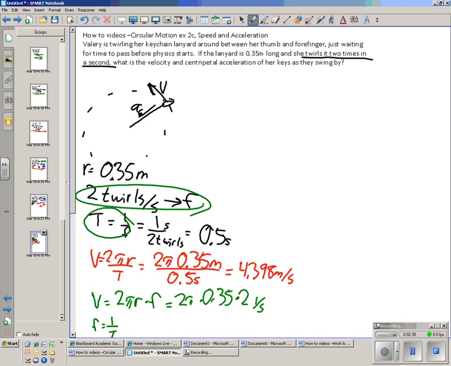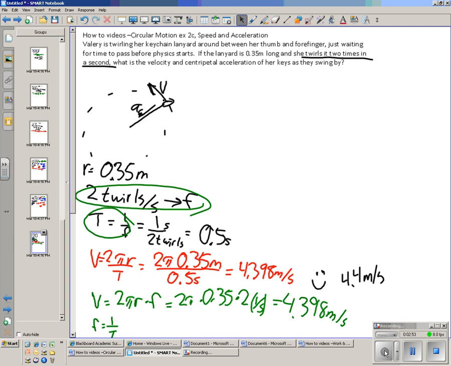Okay, those are the units there, twirls per second. Anyhow, I plug in, and I would get 4.398 meters per second. So it's lovely either way, but let's just go ahead and say that the final answer for the speed is going to be 4.4 meters per second.